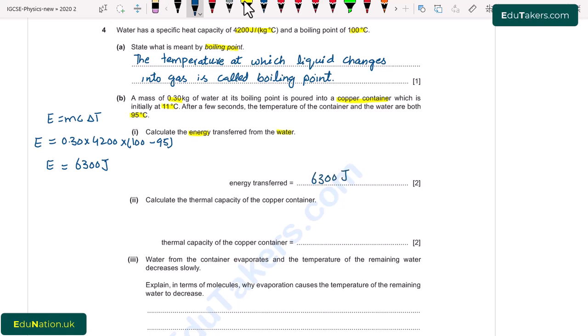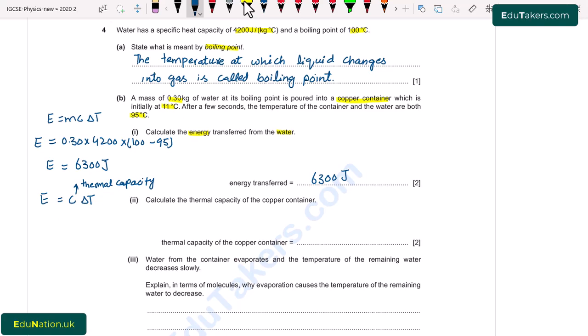Part 2. Calculate the thermal capacity of the copper container. Here we have to calculate the thermal capacity, and we know that energy is also equal to C delta T. Here this C is the thermal capacity, E is the energy and delta T is the change in temperature.